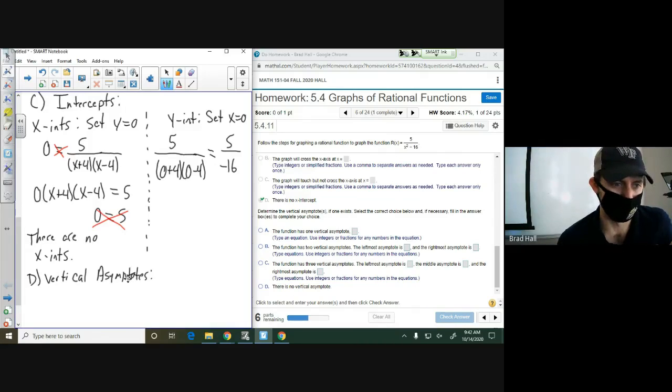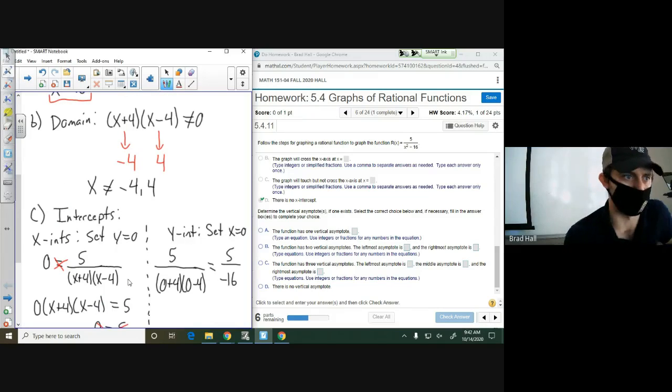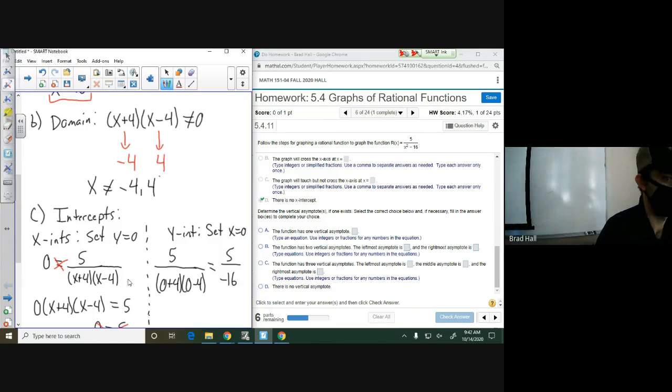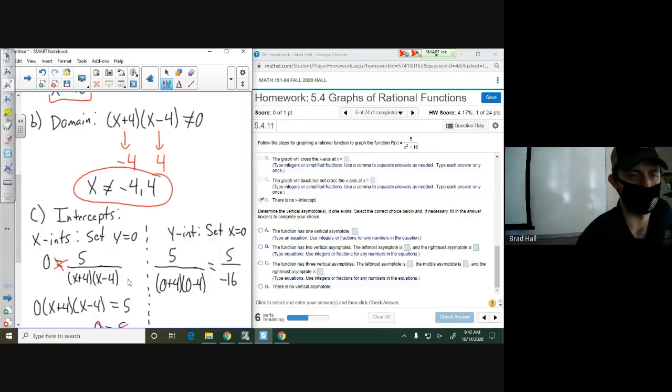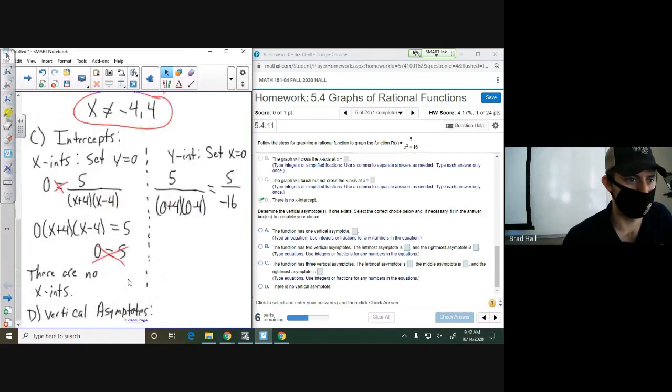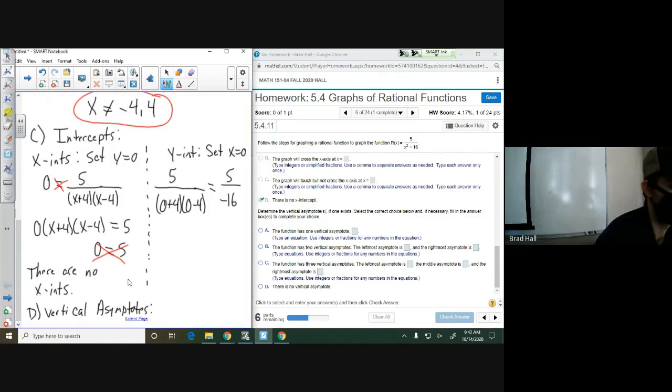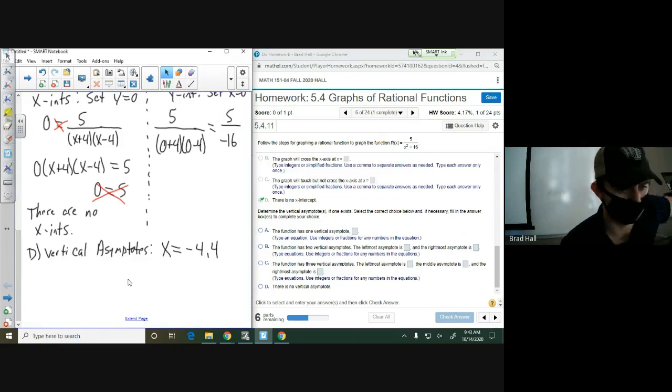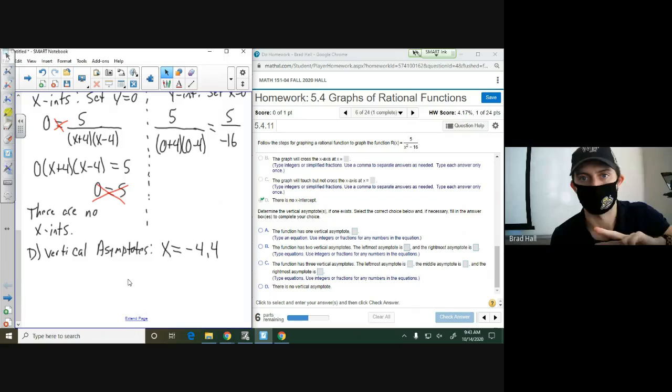Most of the time, the vertical asymptotes require us to take the domain, which we found up here, but just put an equal sign instead. So notice I swapped out the not equal sign with an equal sign.